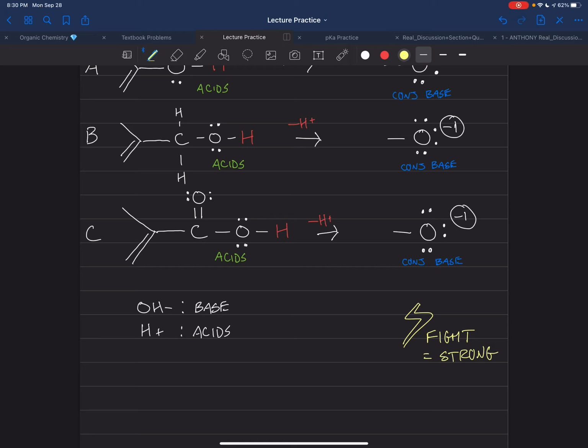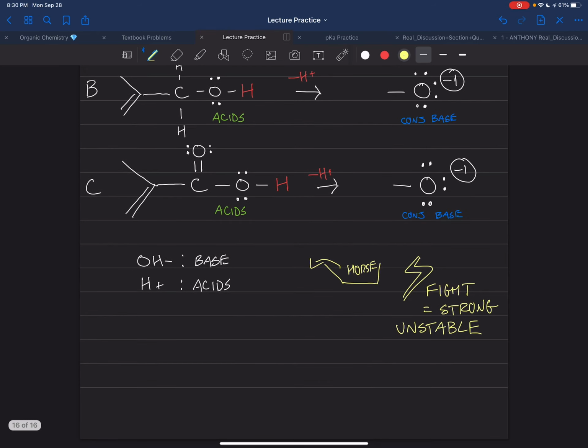Which means if this is a horse, I'm not going to draw it. If you're a horse, you're coming out of the stable. You're unstable. All right? You're unstable. You're going to be a strong base.